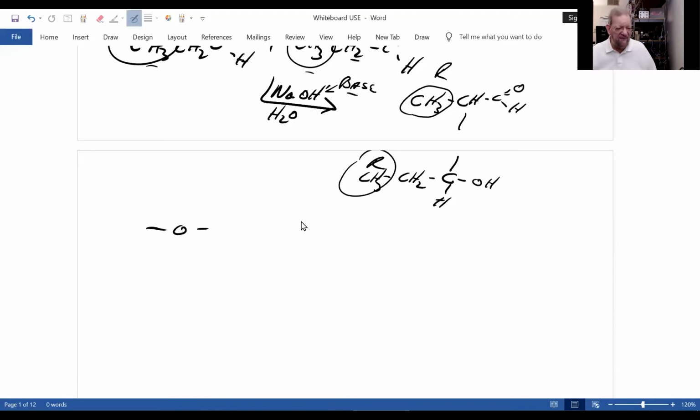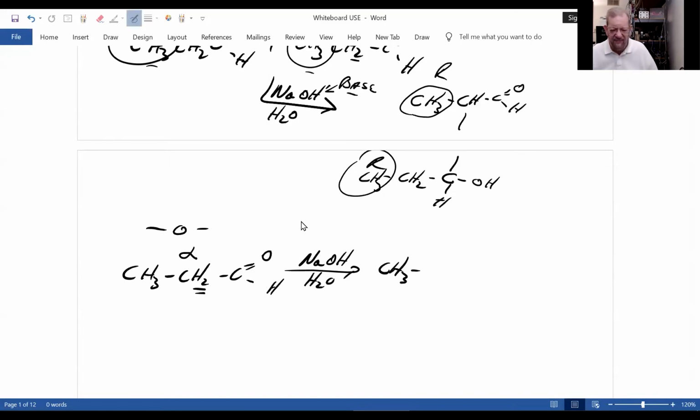If we look at the above reaction, when I react that with sodium hydroxide and water, the alpha carbon has acidic protons, and I'm going to form the enolate anion. I could draw another resonance form, but this will do.